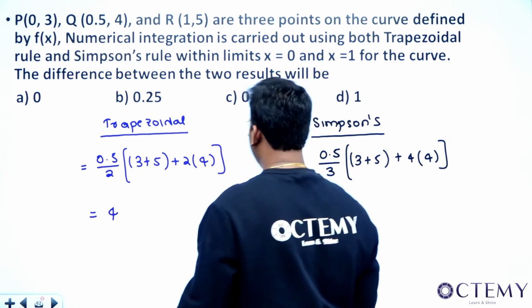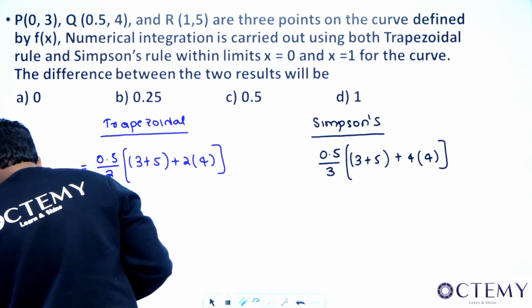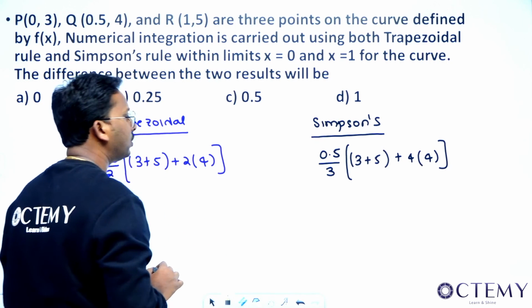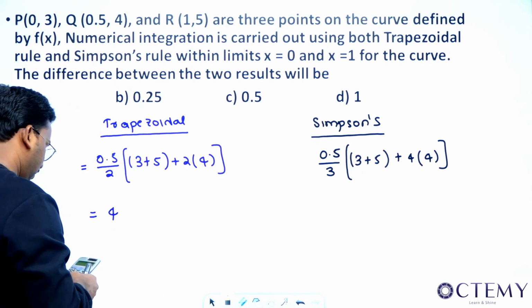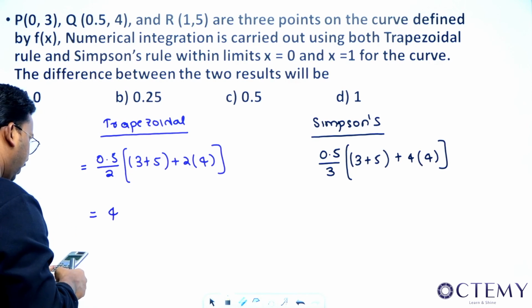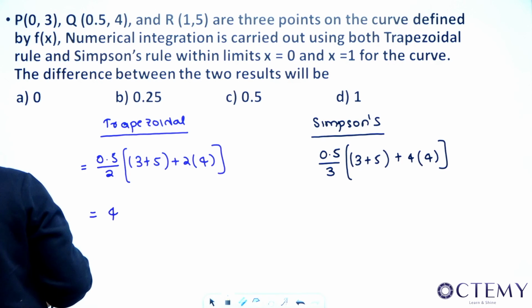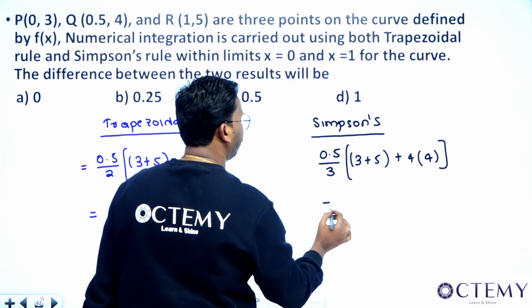What are you going to get? That is also going to become 4, because 8 plus 16, 24, divided by 3 is 8, into 0.5, this will also become 4.